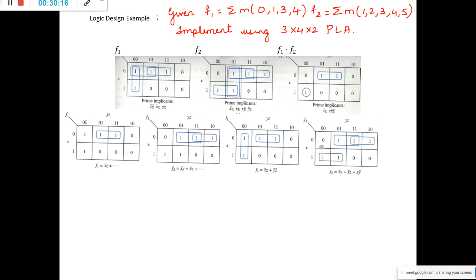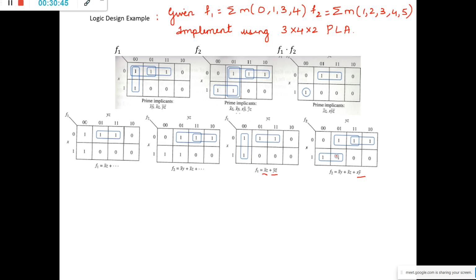Concentrate on these two K maps, students. So here what do we get? Tell me, one of you unmute and talk to me. What do we get here for this? It is Y bar Z bar, isn't it? Next, here we get X bar Z. Same thing we have written here. Next, minimal sum, what do we get here? This one, X Y bar.